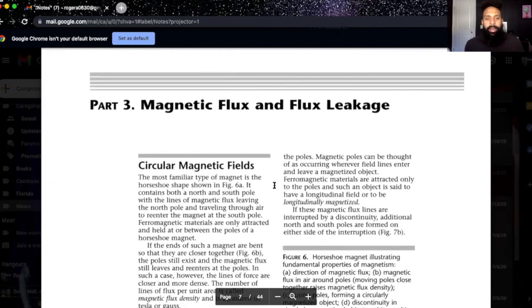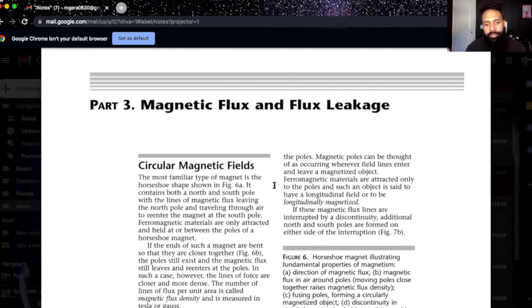Part 3. Magnetic flux and flux leakage. Circular magnetic fields. The most familiar type of magnet is the horseshoe shape, shown in Figure 6a. It contains both a north and south pole, with lines of magnetic flux leaving the north pole and traveling through the air to re-enter the magnet at the south pole. Ferromagnetic materials are only attracted and held at or between the poles of a horseshoe magnet.